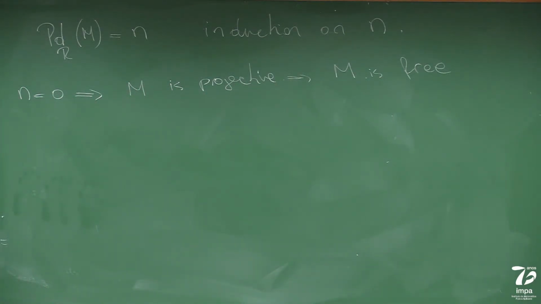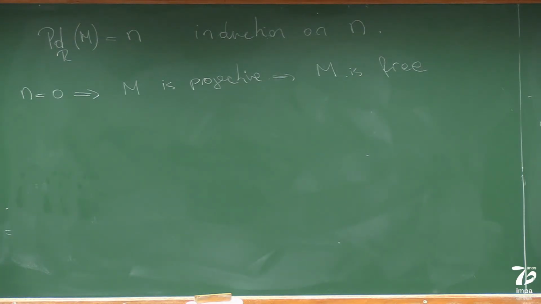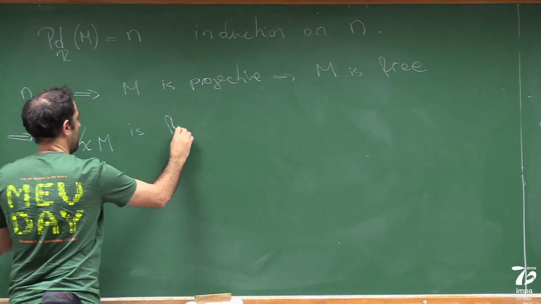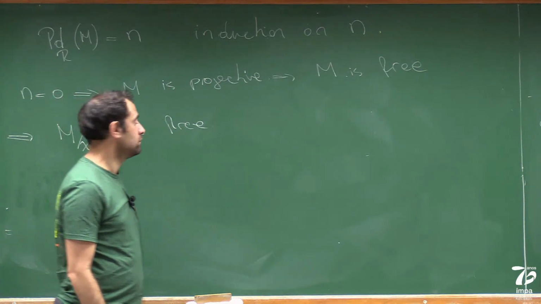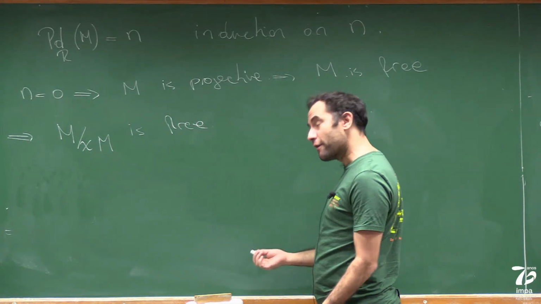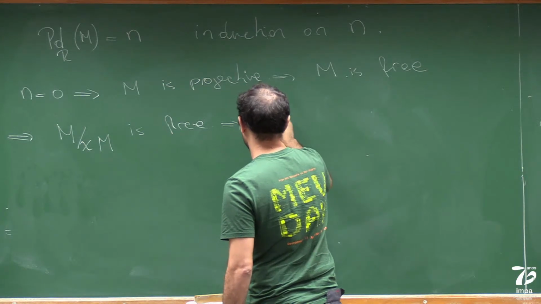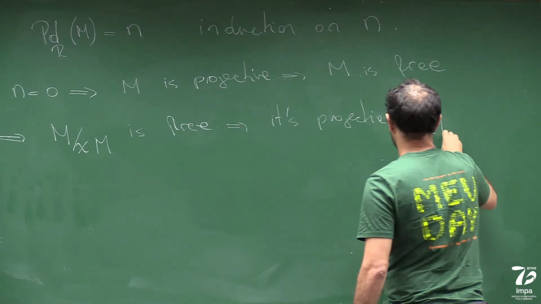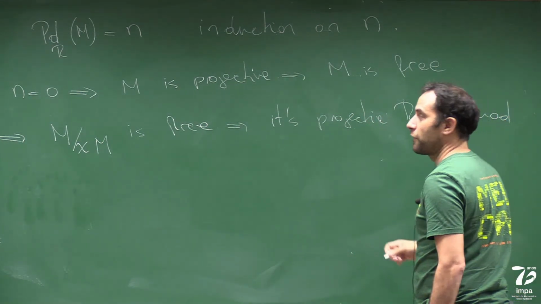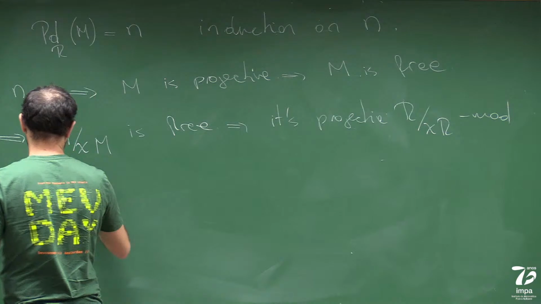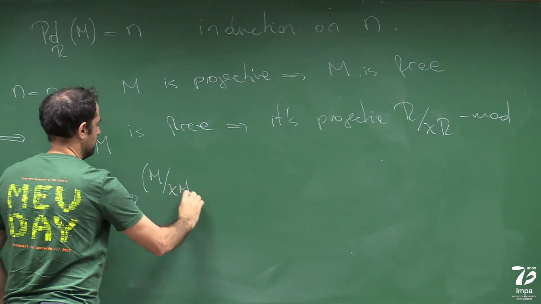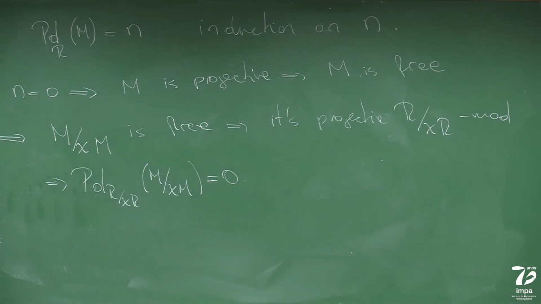If you have a free module, then this reduction is also free, and if it's free, then it's projective as an R/xR-module. And therefore the projective dimension is 0. So 0 is equal to 0, and we're in good shape.